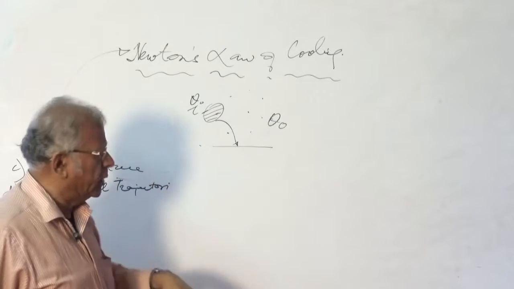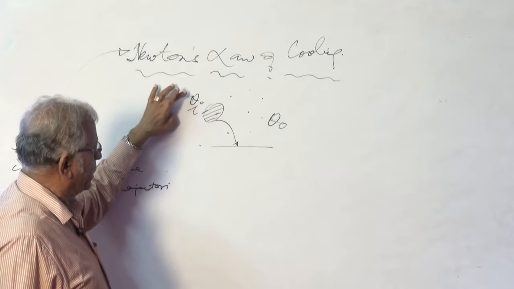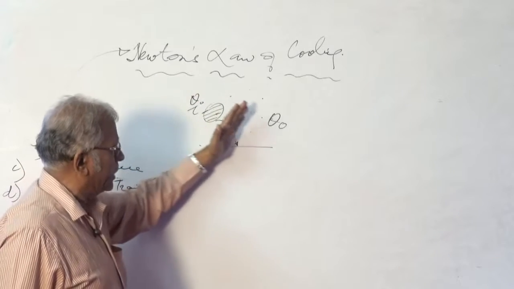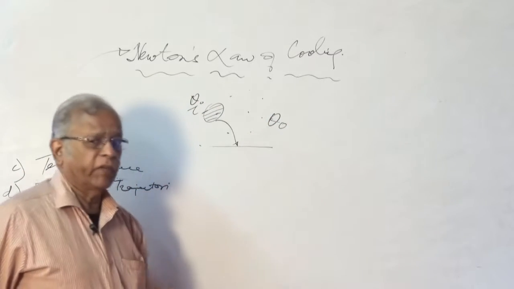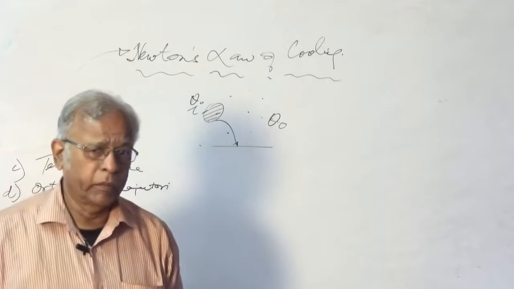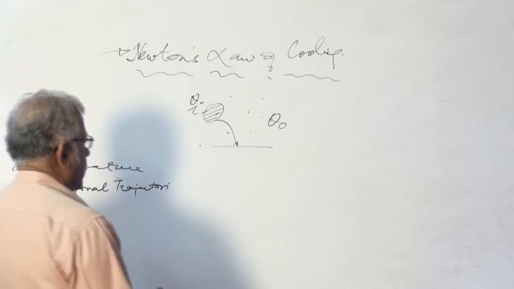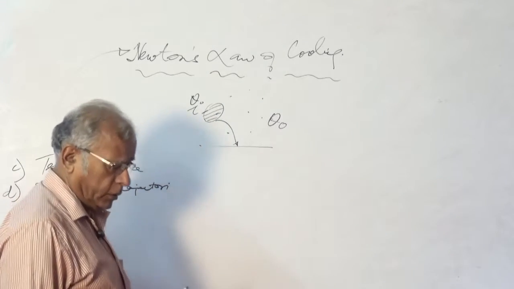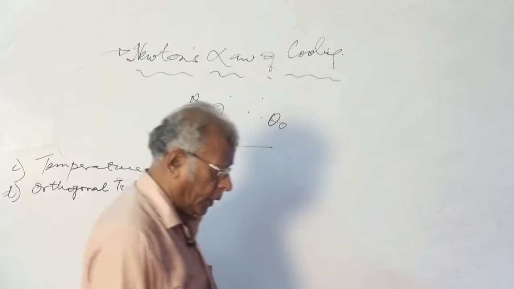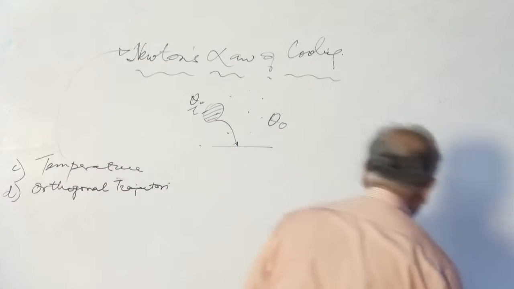It's evident that ultimately the temperature will fall till it reaches the temperature of the environment. It cannot fall below that. So let us write the law of cooling, which was enunciated by Newton, and try to solve the differential equation.